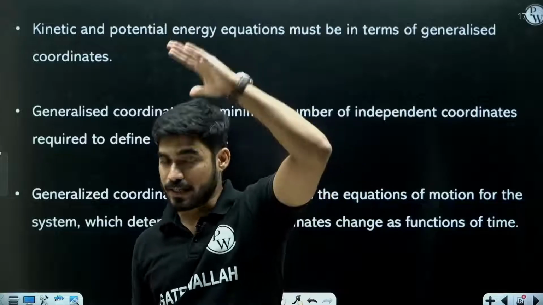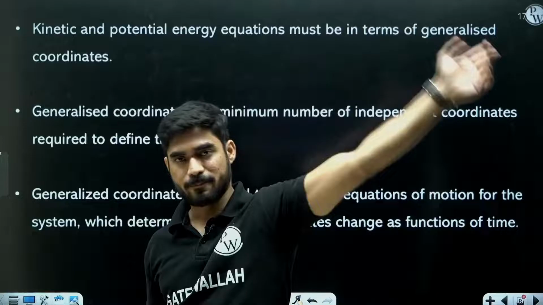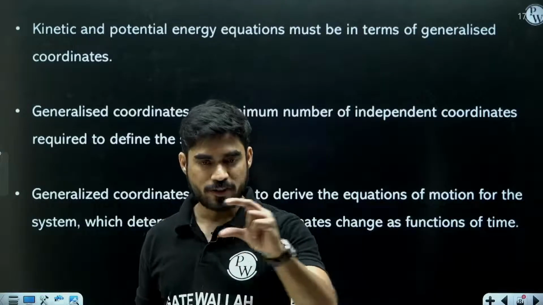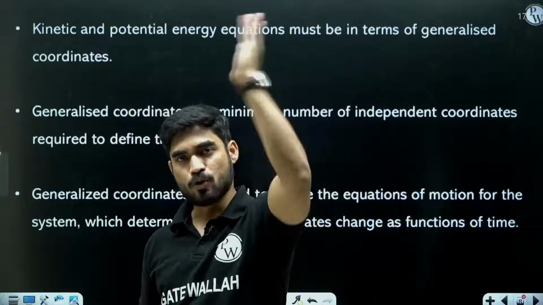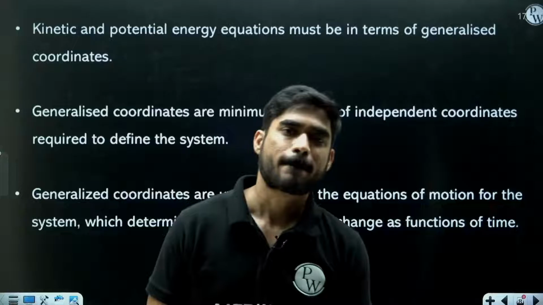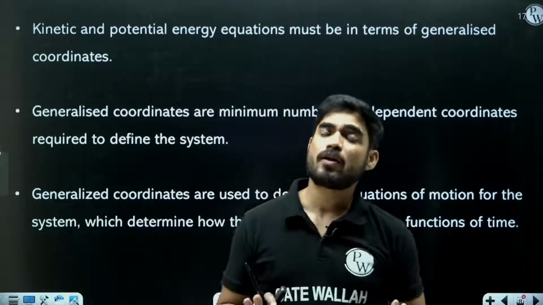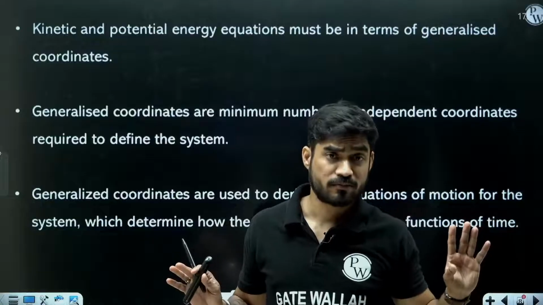Another body which is connected to this body is in rotation. Okay, now the motion of this body is calculated in terms of, let's say, X. Motion of this body is calculated in terms of, let's say, theta.